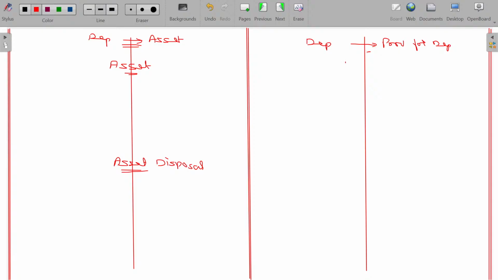Under this model, you have to open the asset account, provision for depreciation, and asset disposal account. Now, under this, we start with opening balance and end by closing balance.